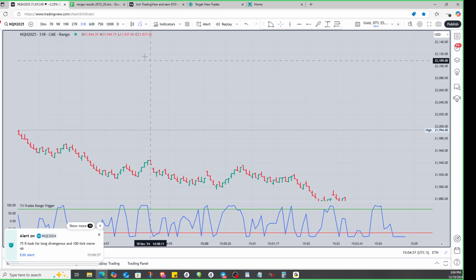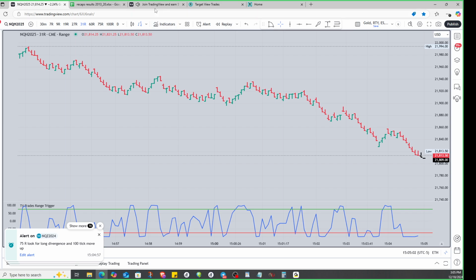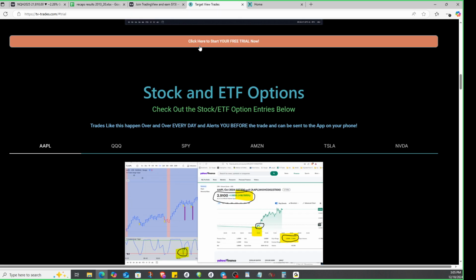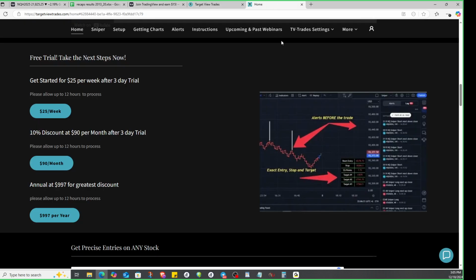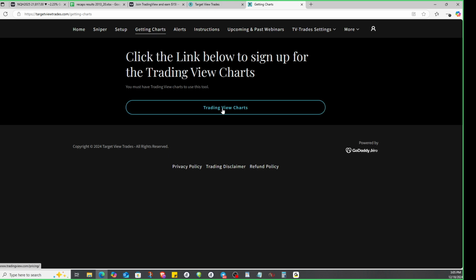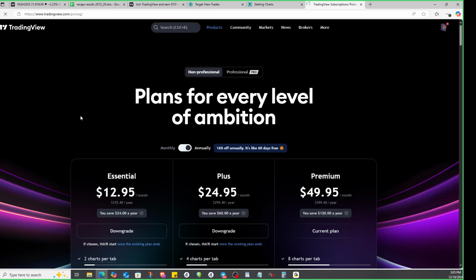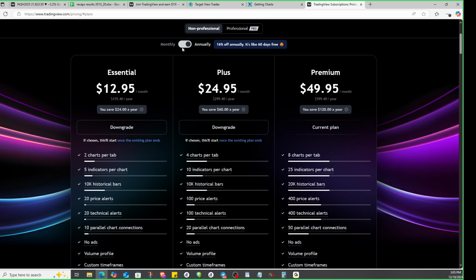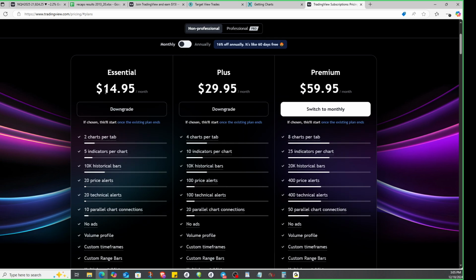To use our stuff, you need to get TradingView charts. If you don't have TradingView charts, you can go here on the Target View Trades page. Go to Getting Charts right here. Click on this link. It will bring you to this page. I would say if you don't trade multiple markets, just get the essential. It's $14.95 a month.